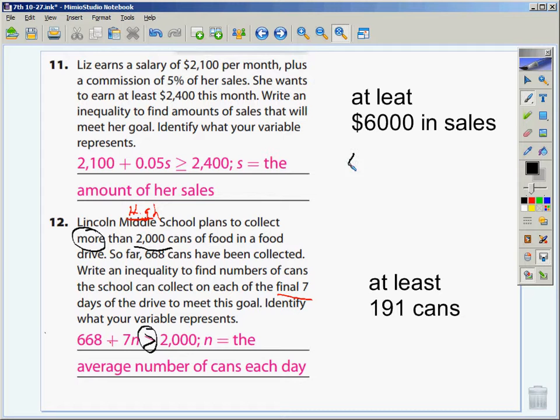My inequality says 668 plus 7n is greater than 2,000. I would subtract 668 from both sides. 7n is greater than, this is going to be 1,332, I think.